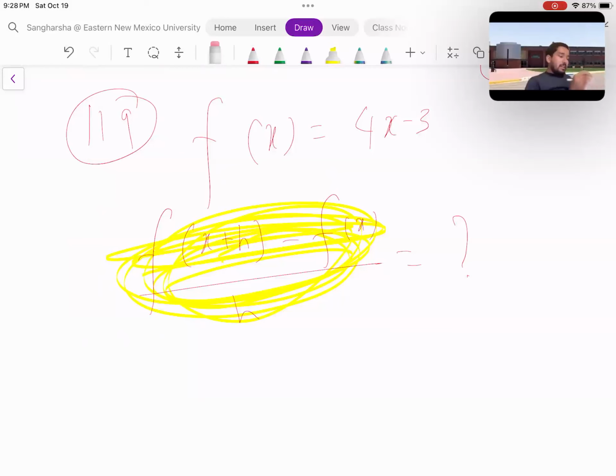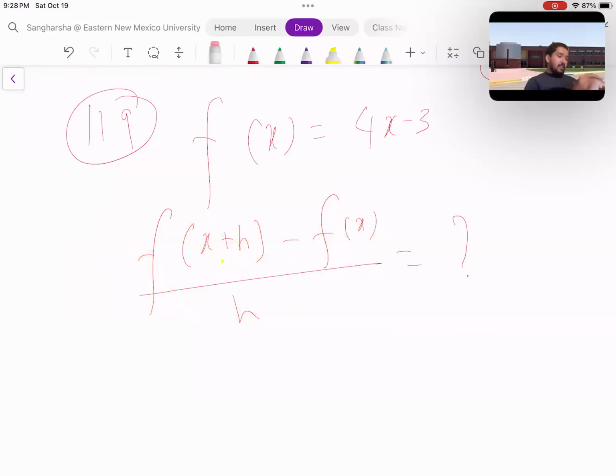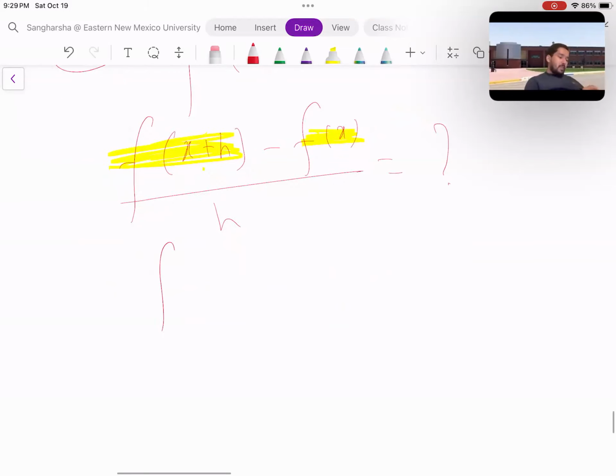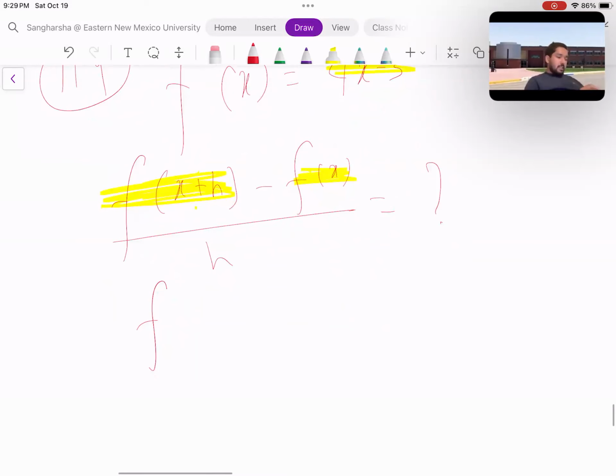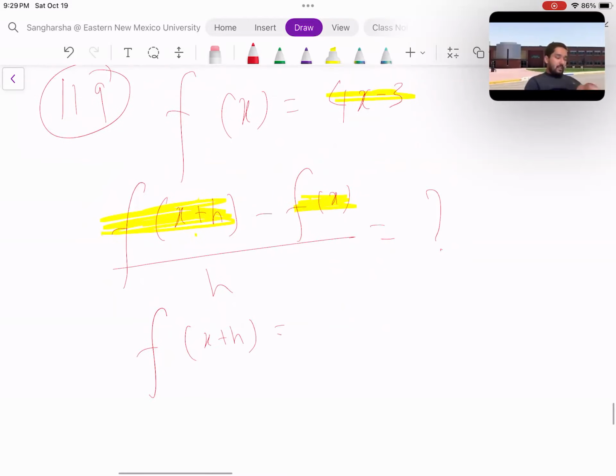Now, in the difference quotient, we already have f of x, which is 4x minus 3. What we don't have is f of x plus h. So let's find f of x plus h first. How do we find it?